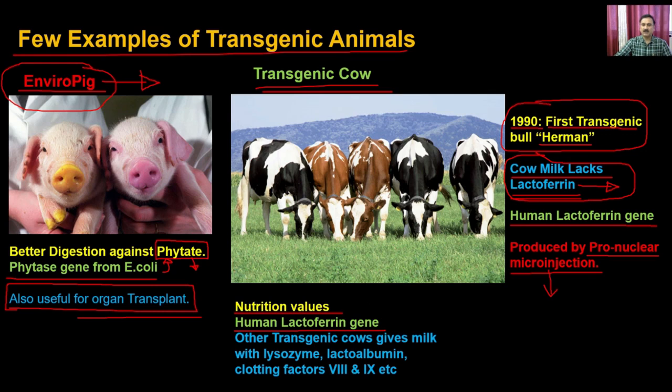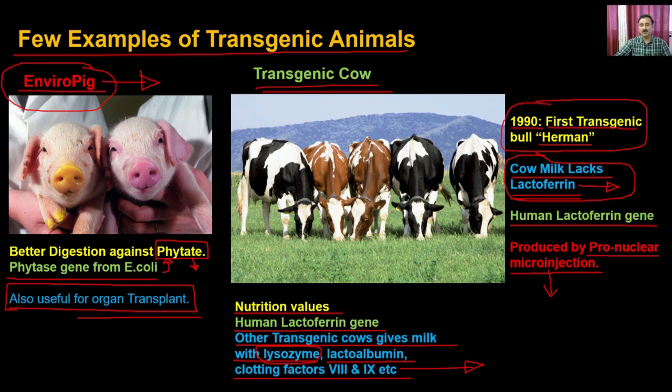And apart from this Herman bull, they have also developed some other transgenic cows which give milk where you can have lysozyme. So lysozyme is very important for the immune system, and it protects humans against bacterial infections. Then you can have lactoalbumin, and you can also have some of the classical clotting factors like factor 7 and factor 9, which are important for clotting of the blood.